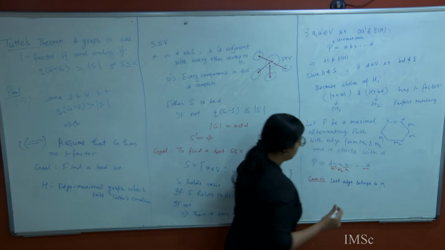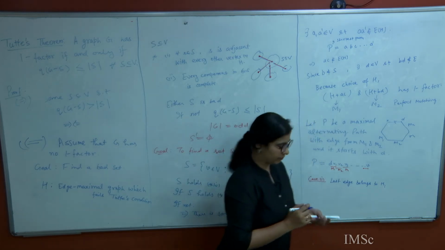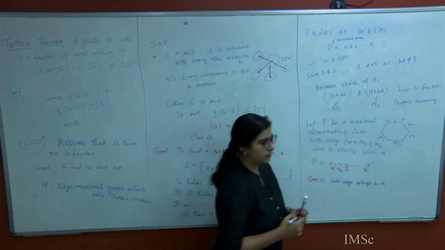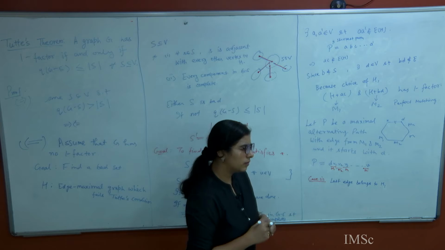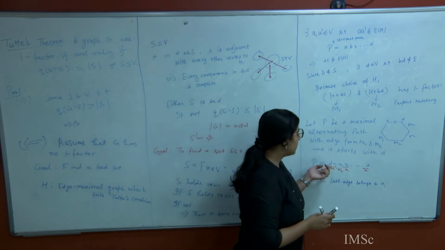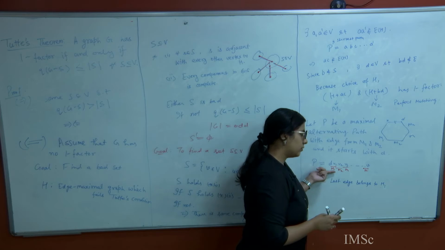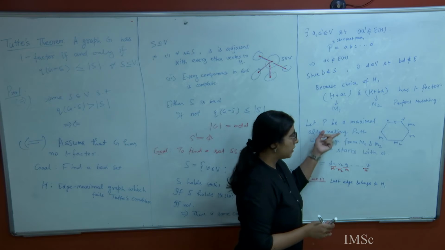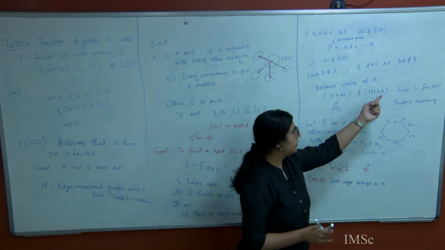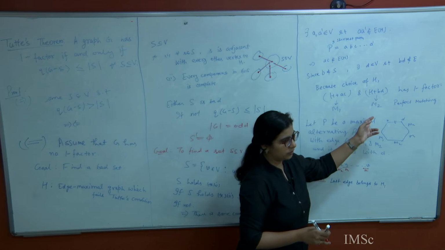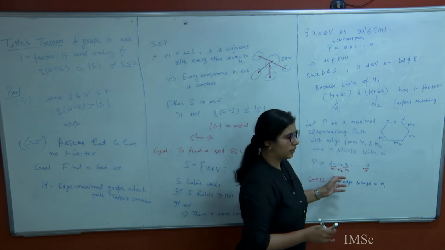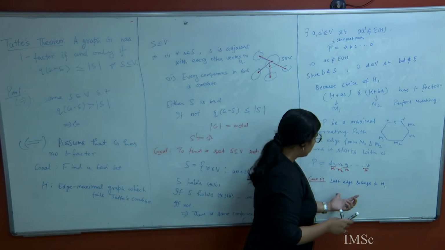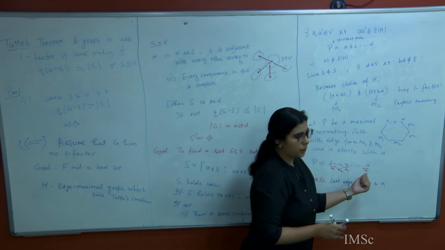I'll take M1 first. If you are starting with D, then the first edge will be from M1. Why? Because I am taking the path in H. So, D is not saturated by M2. So, if you are starting a path, then it would be an M1 edge. So, the first case is when the last edge belongs to M1.